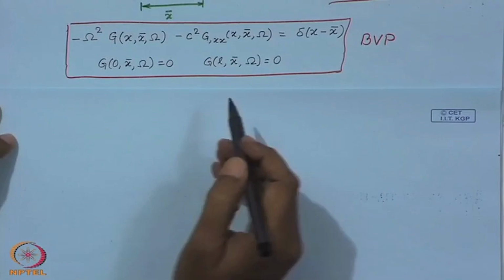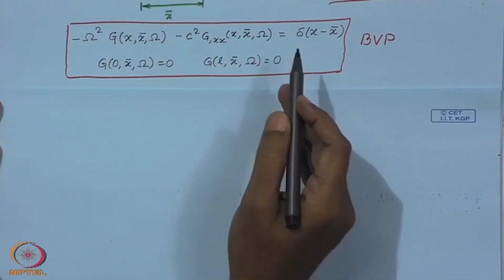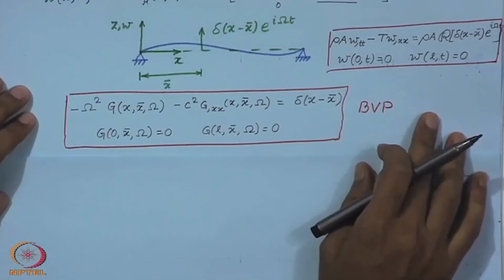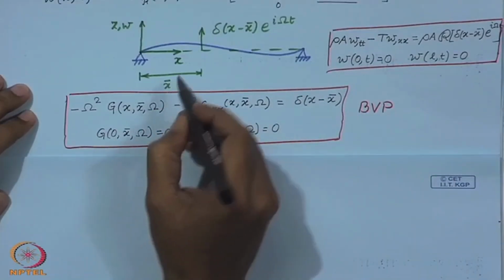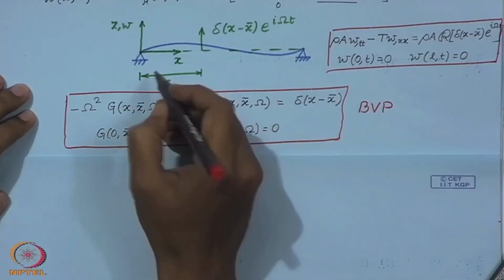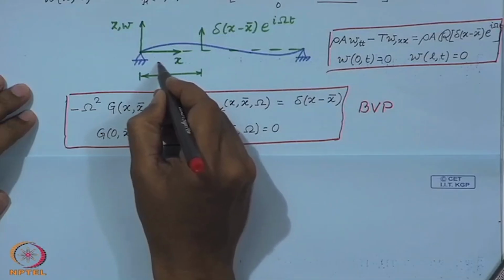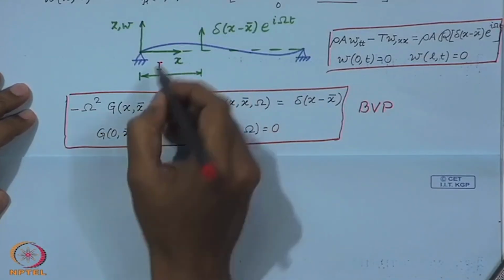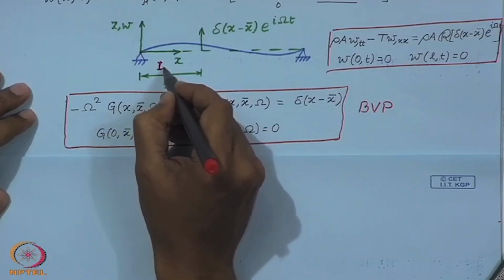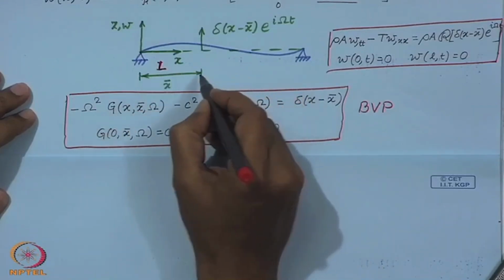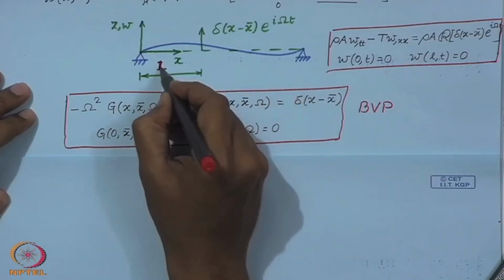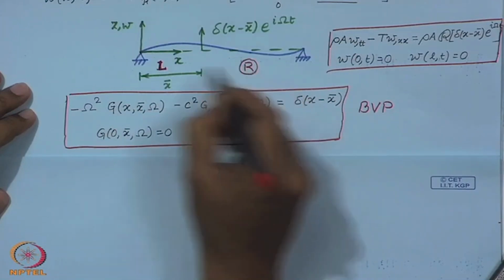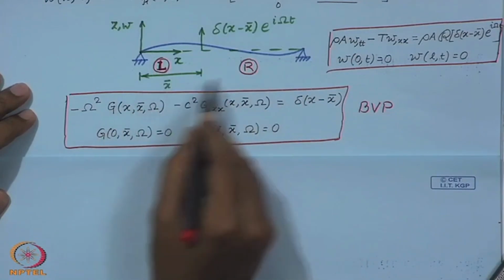do is, we are going to look at two regimes of this string. So, one is, let me call this the left regime, and this the right regime.